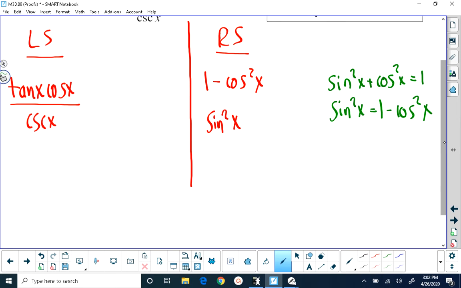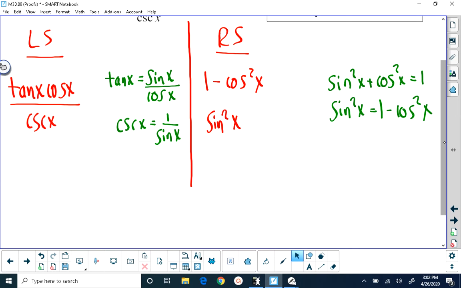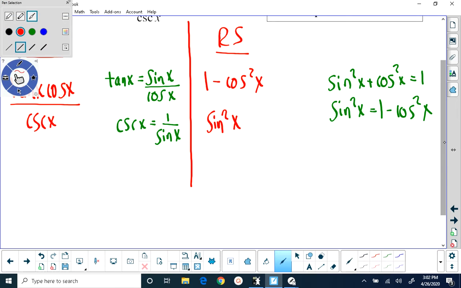One of the things I know is that tangent of an angle is equal to sine of an angle over cosine of an angle. And another thing that I know is cosecant of an angle is equal to 1 over sine of an angle. And I'm going to use those 2 pieces of information to rewrite what I have in the left-hand side column.